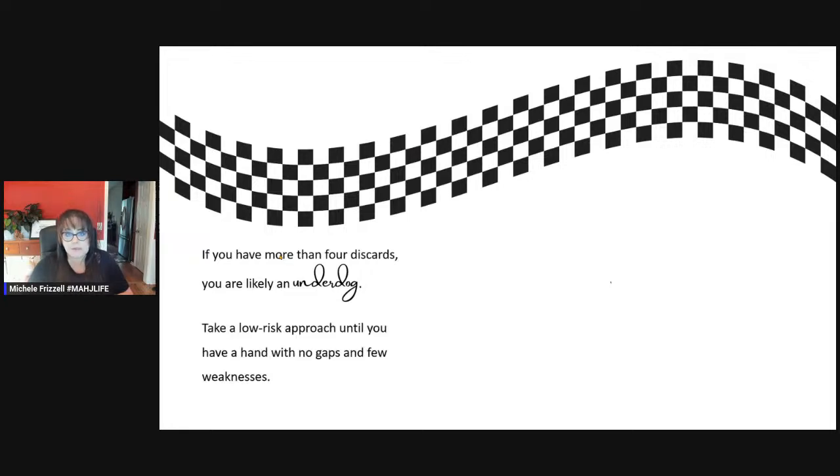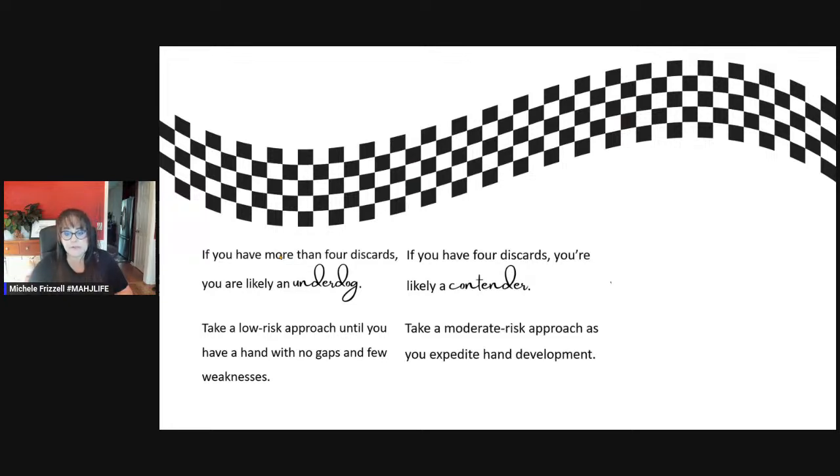And what that means is you're going to need to take a low risk approach until you have a hand that you know you can focus on that has no gaps and few weaknesses. If you have 4 discards, you're likely a contender for that game. Take a moderate risk approach as you expedite hand development.